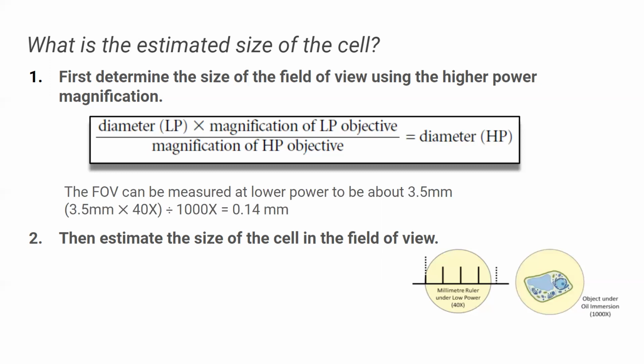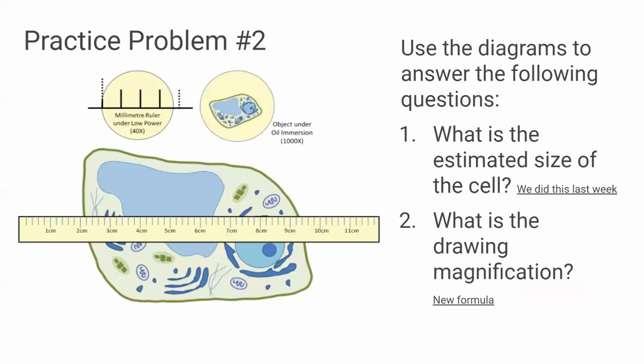Okay, so we've gotten our field of view at high power. Wonderful. Now we use that to figure out the estimated size of our cell. Okay, so I'm going to go back to this image. Here's our cell. We need to figure out about how many of those cells would fit in our circle. 1.2.